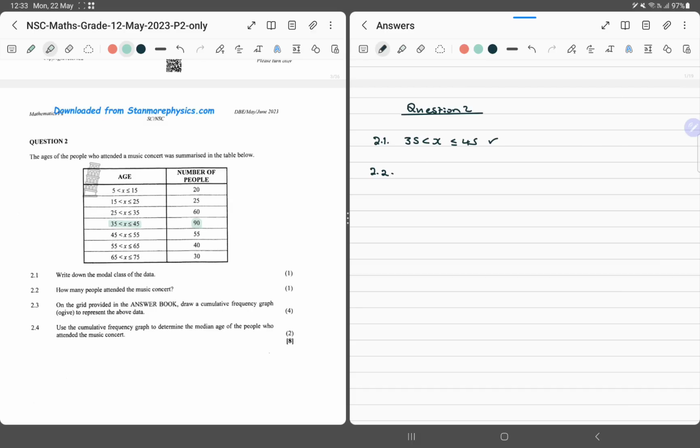This is going to be 20 plus 25 plus 60 plus 90 plus 55 plus 40 plus 30. So there were 320 people. Okay, so easy again, because all you do is add up those frequencies and you're sorted.